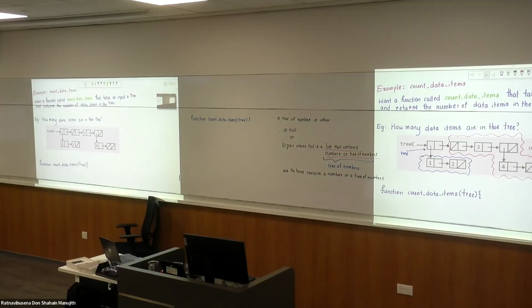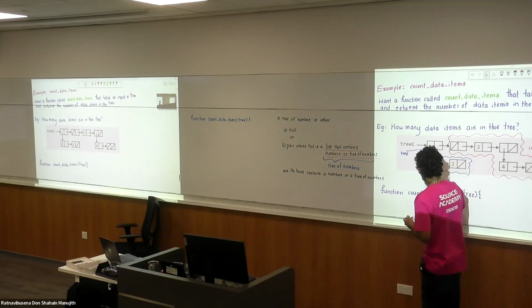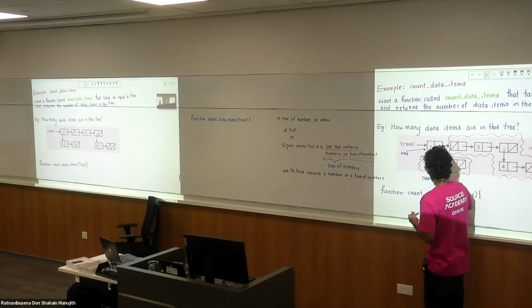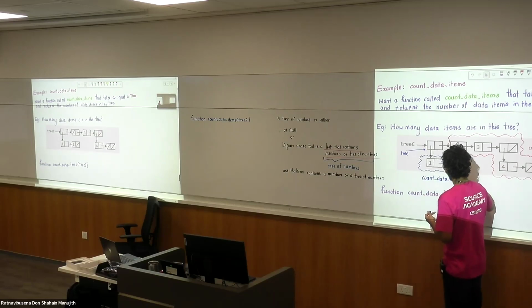Count data items, tail of a tree. Okay. How can I count the number of data items in this one? Yeah, count data items, head.